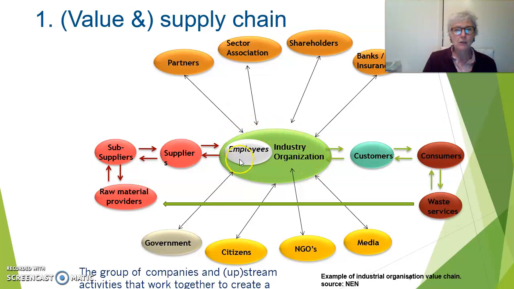This shows you a definition of an organization. In the center, you can see that this is a production unit within our society, because the company or the organization has a lot of stakeholders, like, for example, the supplying companies, partners maybe, associate companies like unions, shareholders, bank and insurance companies are all stakeholders.